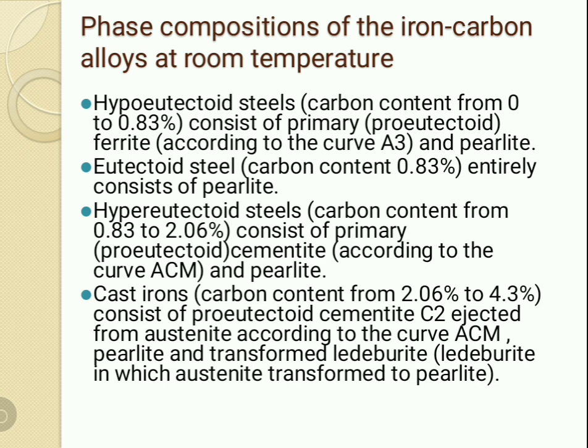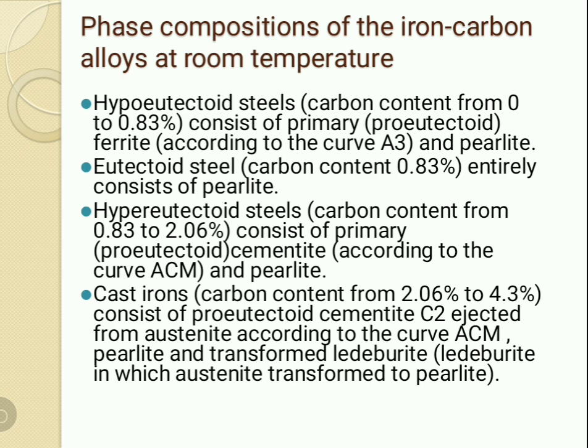Hypereutectoid steels, with carbon content from 0.83 to 2%, consist of primary cementite and pearlite. Then cast iron, from 2 to 4.3, consists of cementite rejected from austenite according to curve ACM. So these are all the phases that can be seen in the iron-iron carbide diagram.